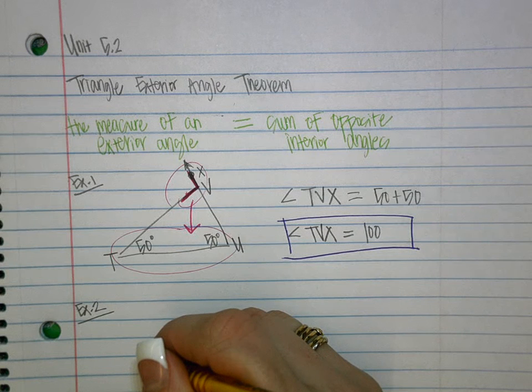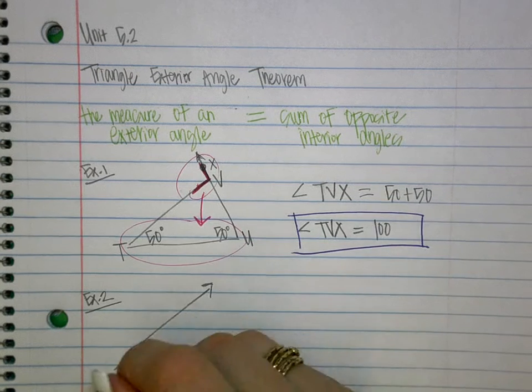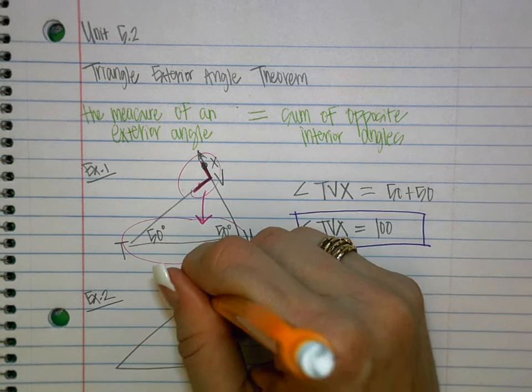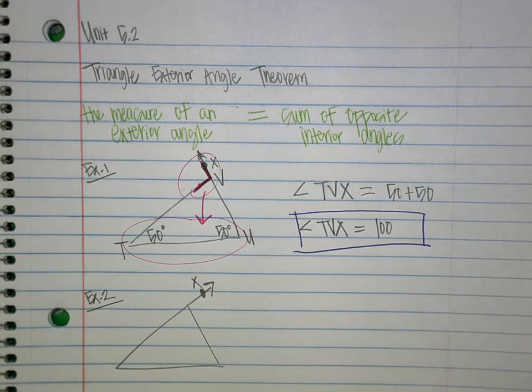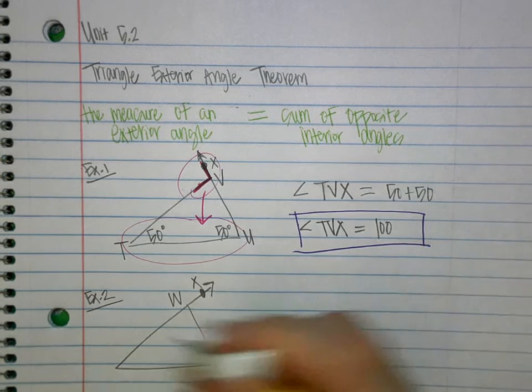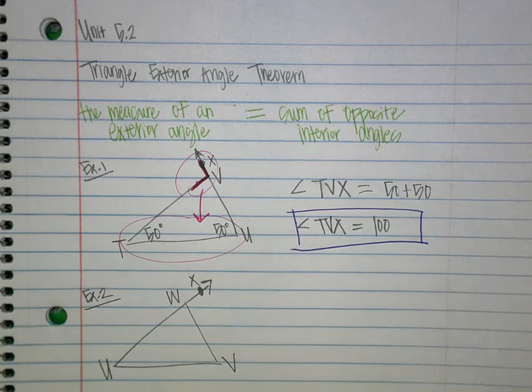So our triangle looks semi like that. I'm going to label this outside point an X. They always label the outside point the X. I don't really know why. And then the top is going to be W. The left side is U. And the right side is V.